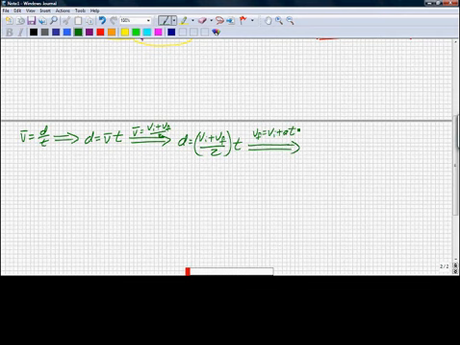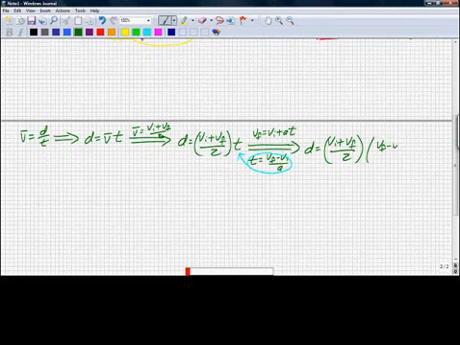Let's solve that for t. If we subtract vi from both sides and divide by a, we can say that t equals vf minus vi over a. Well, we can plug that equation in for t, which will leave us with d equal to vi plus vf over 2, all times vf minus vi over a.